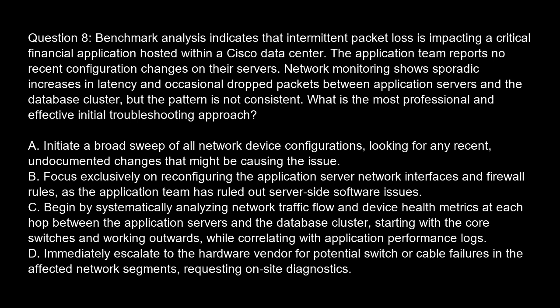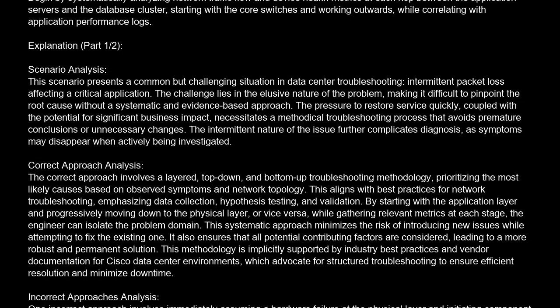Option C. Begin by systematically analyzing network traffic flow and device health metrics at each hop between the application servers and the database cluster, starting with the core switches and working outwards, while correlating with application performance logs. Option D. Immediately escalate to the hardware vendor for potential switch or cable failures in the affected network segments, requesting on-site diagnostics. The correct answer is C.